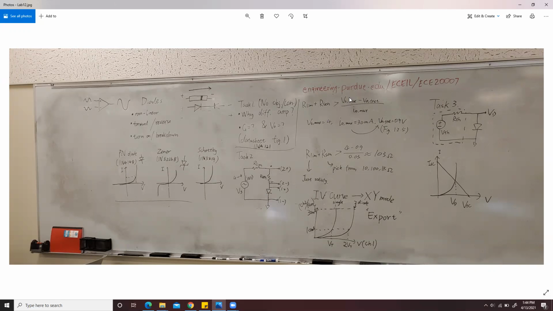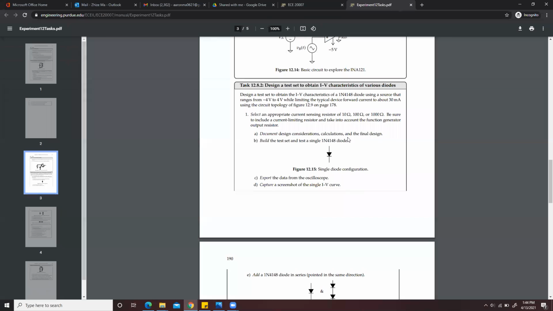The Vs maximum is the maximum voltage at the voltage source. If you check the questions, the maximum voltage is 4 volts. And remember, the voltage source in here is an AC signal from -4 to +4 volts.